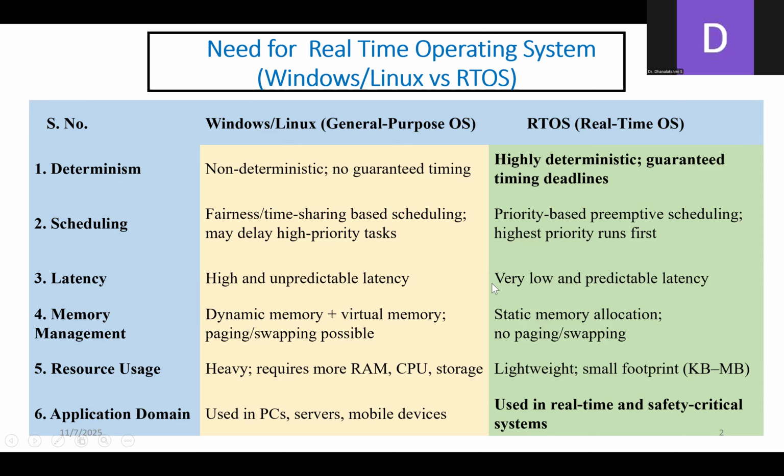So in one line, I could say Windows or Linux is a powerful multitasking, best-effort system, but it's not real time. RTOS are highly predictable, highly deterministic, and deadline driven. So we prefer RTOS for real-time applications.